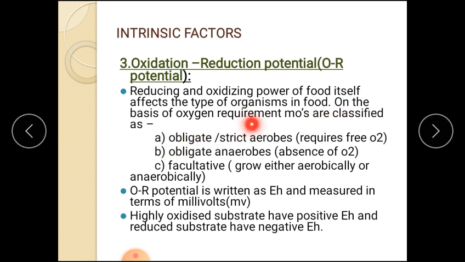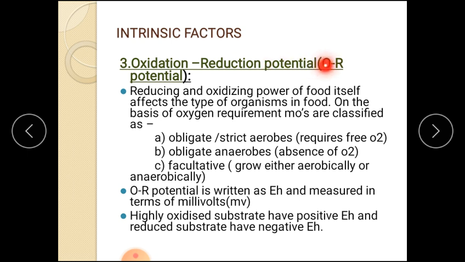If the food contains more oxygen, or free oxygen is present, then the organism will grow, and those organisms are called strict aerobes or obligate aerobes. These you all know, these are basic. Now what are obligate anaerobes? They do not require oxygen, and grow completely in anaerobic condition. And what is facultative? Which may grow either aerobically or anaerobically.